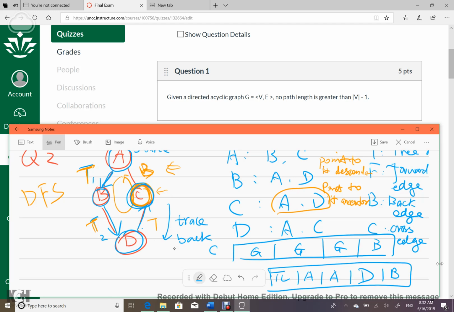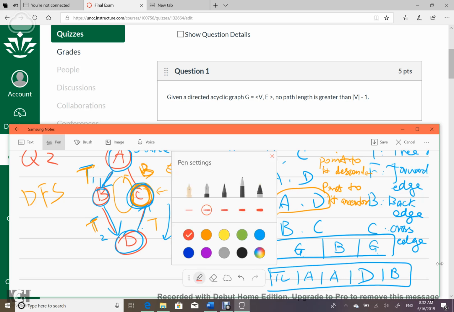When you trace back, you check D. D has B and C. Since B has color and C has color, both are finished, so you change this color to gray, and also change this one.